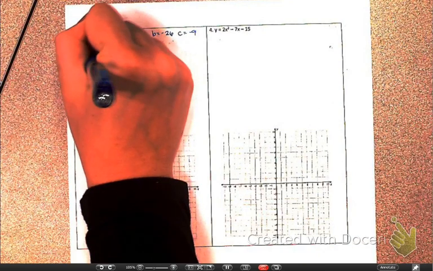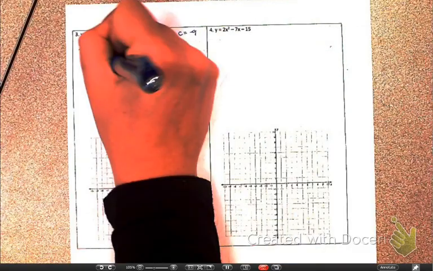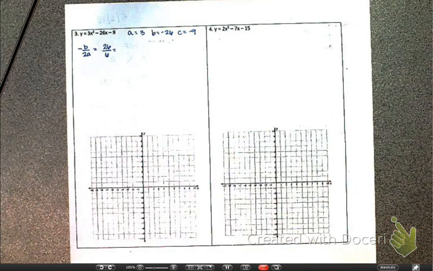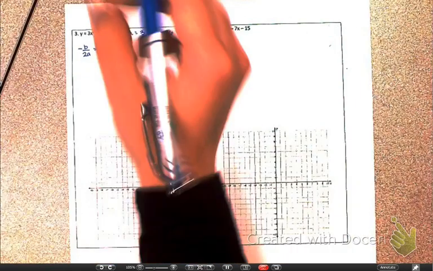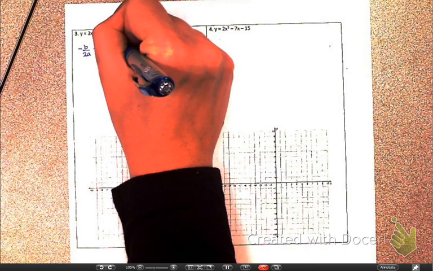When I plug it into negative B over 2A, I get a positive 26 because it was already negative over 6. Okay. It's a fraction. So let's reduce that fraction. 13 over 3. 13 over 3?